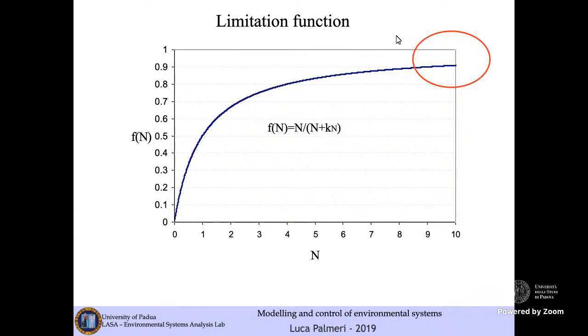So the limit value for infinite nutrient growth for the limiting function is 1.